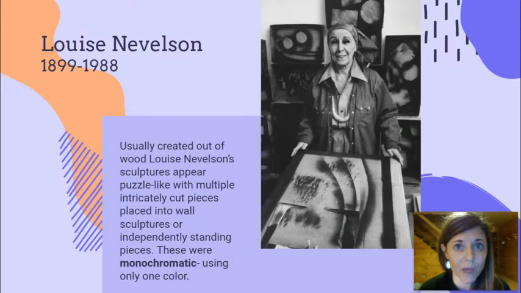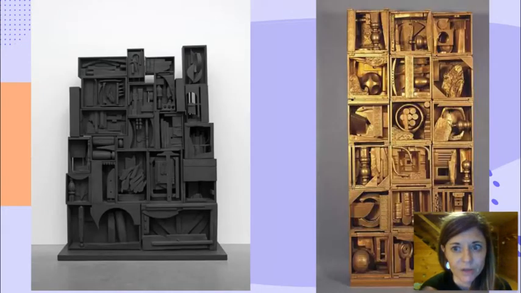So monochromatic, one color. All right. So here's some examples of her work. She used wood, and as you can see, she painted her assemblages all one color.